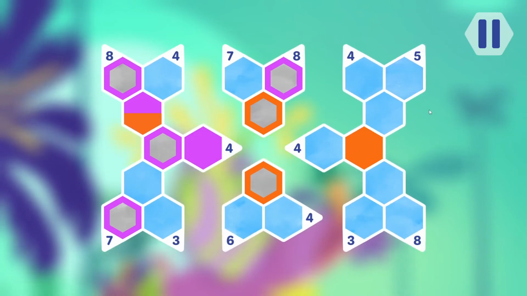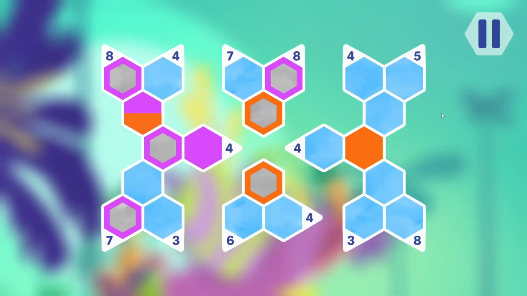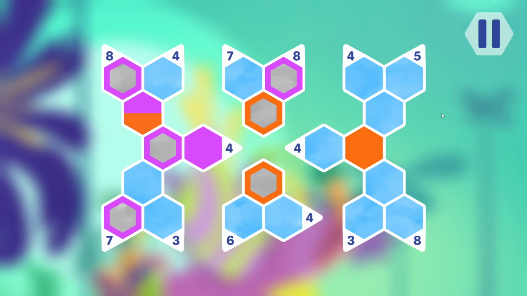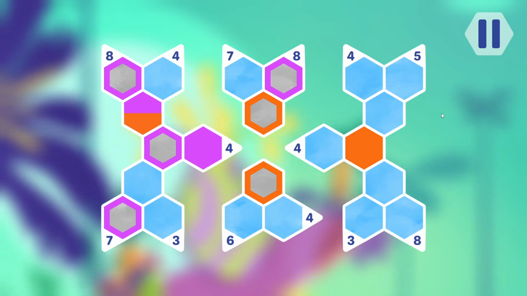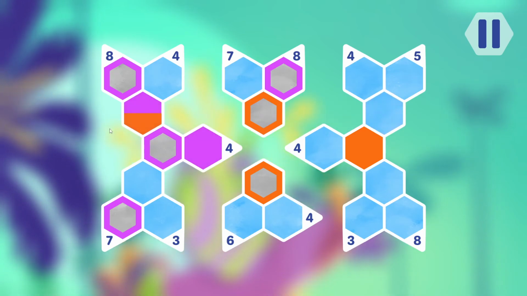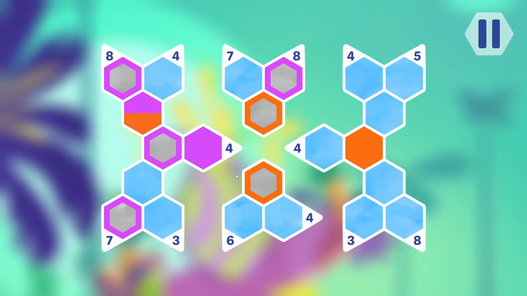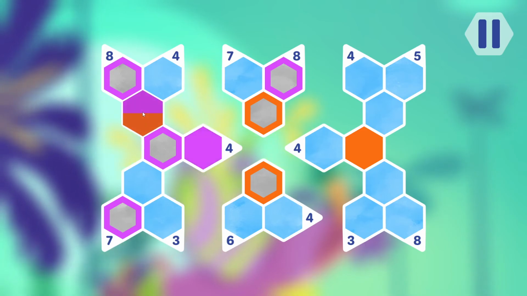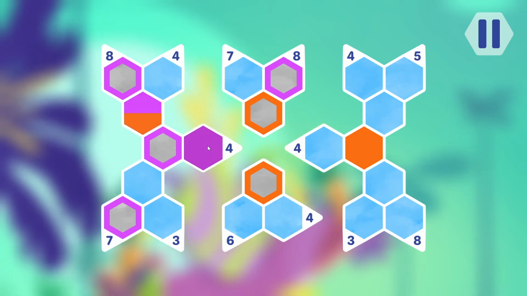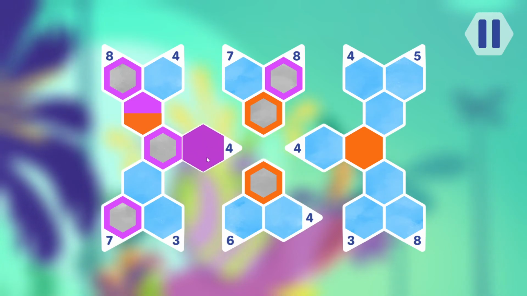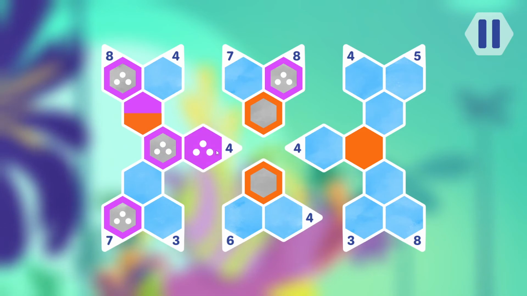So this one. Well, okay, let's look at those purple ones. Since this is at least 1 and this is at least 1 as well, this can't be 3, because if it's 3 then it's already more than 4.